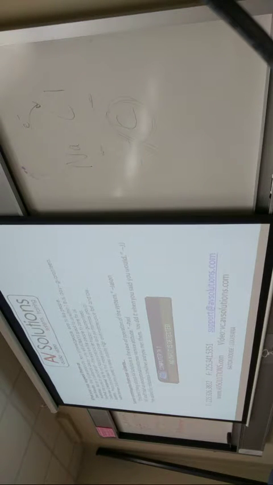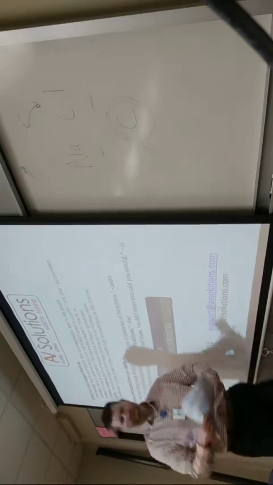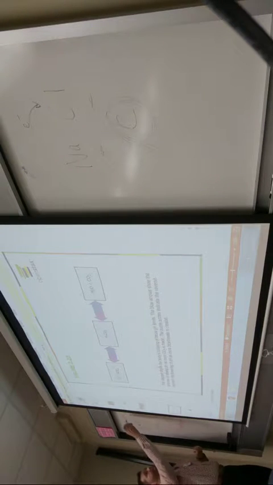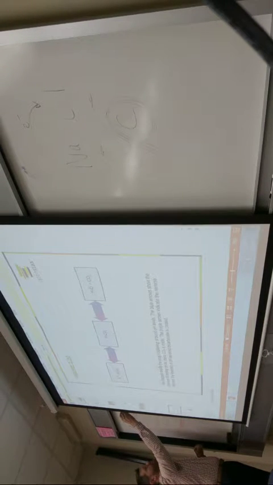Yes? Why does the liquid fat insulate better than a solid fat? Right. Solids usually conduct heat at a much higher rate.